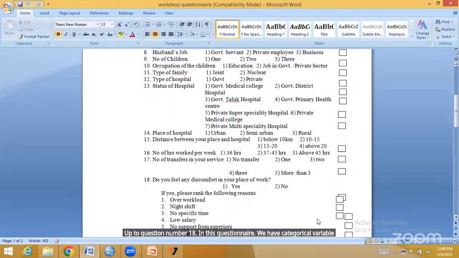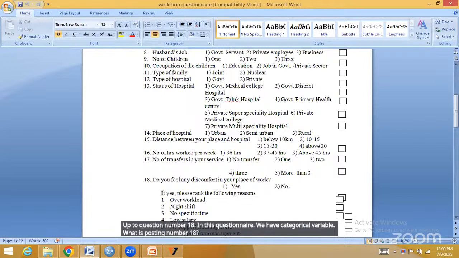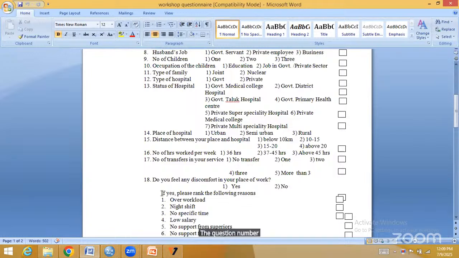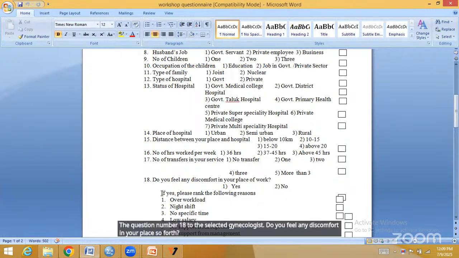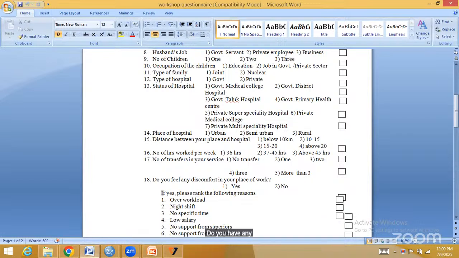What is question number 18? The question to the selected gynecologist: do you have any discomfort in the workplace? Yes or no? 2 categories. Again, nominal scale, categorical scale.